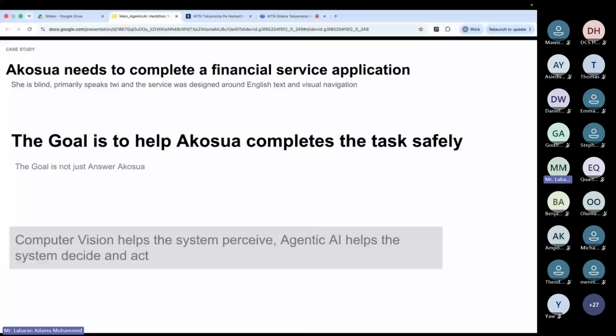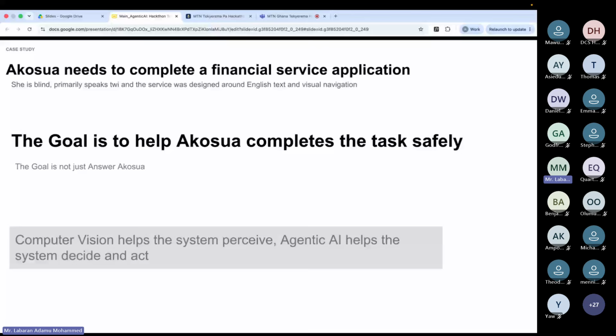If you build a system which just answers the questions and leaves her without finishing the task, the system has actually failed her. That's not a good agent. Since she's blind, computer vision can come in here.